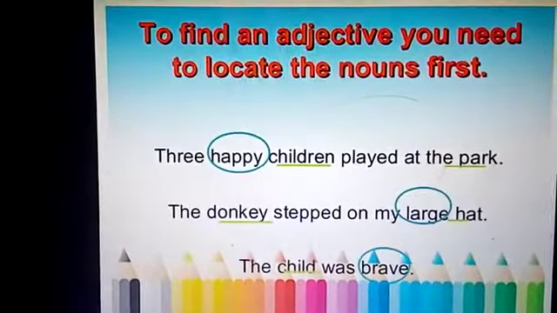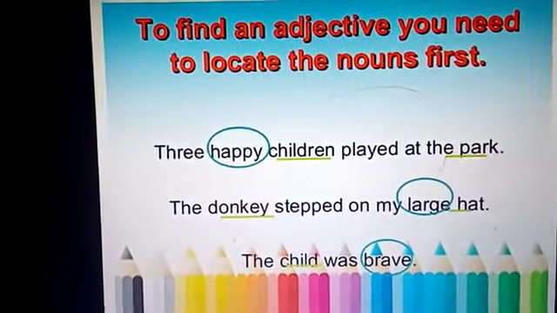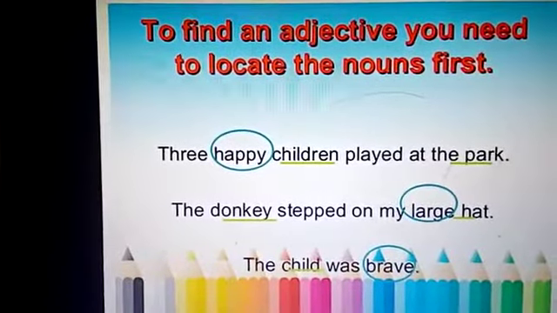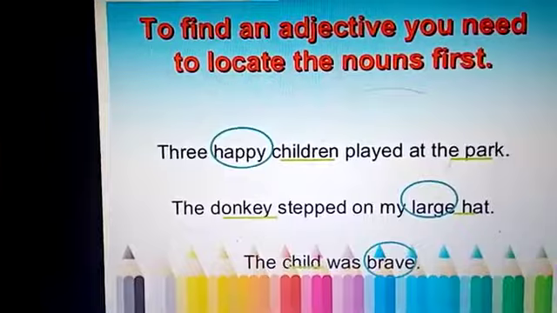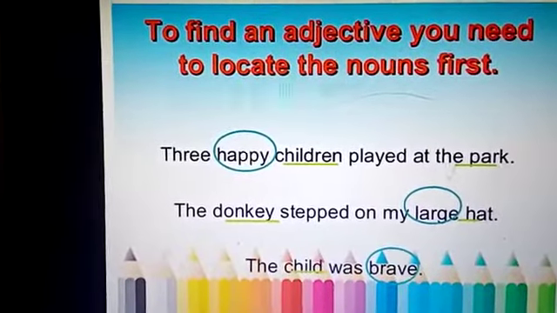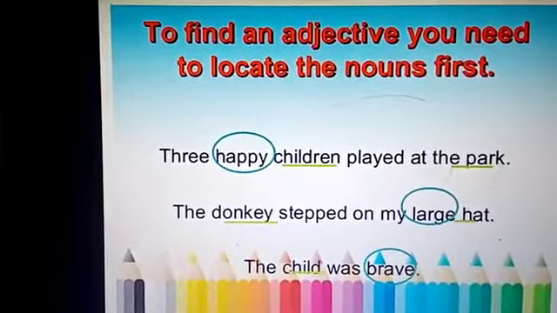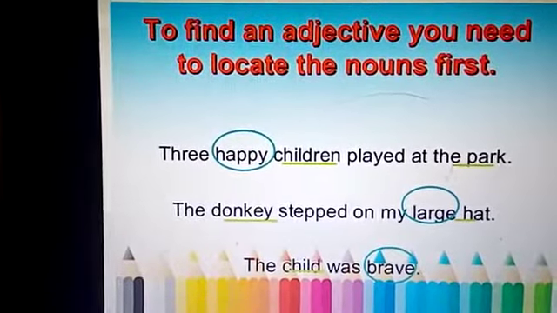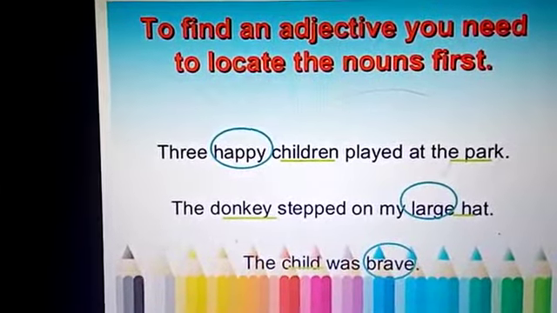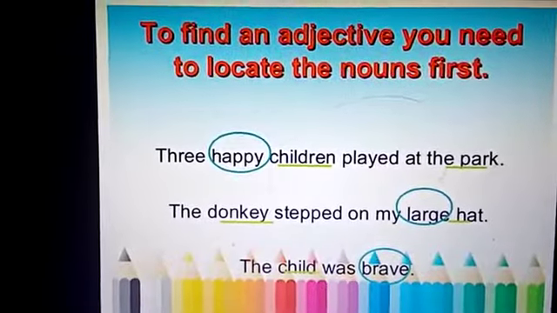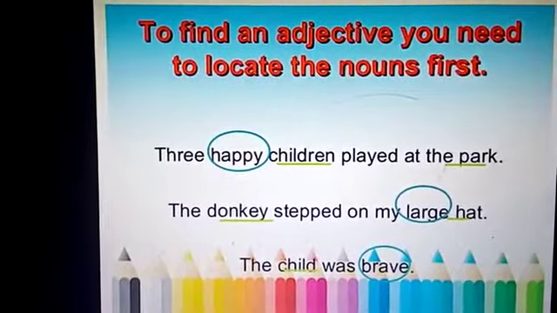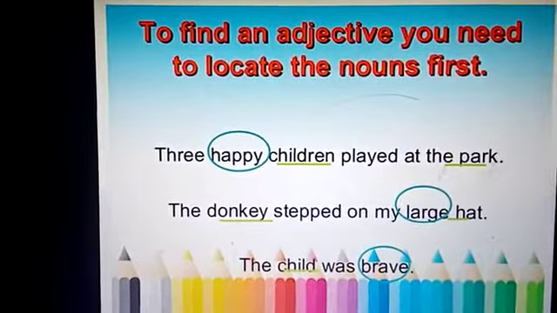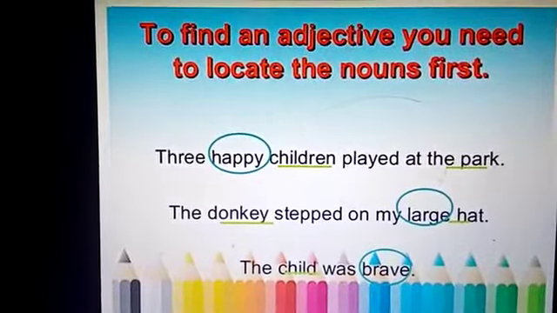And so on. The most important thing I would like to express here is how to find an adjective. To find an adjective in a sentence, first of all you have to find the noun or pronoun in the sentence, because it describes it.